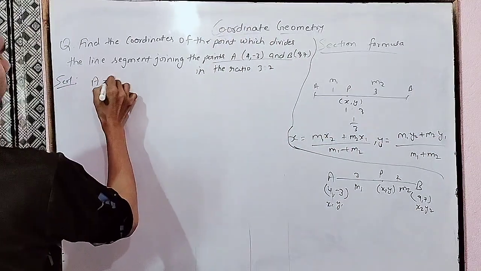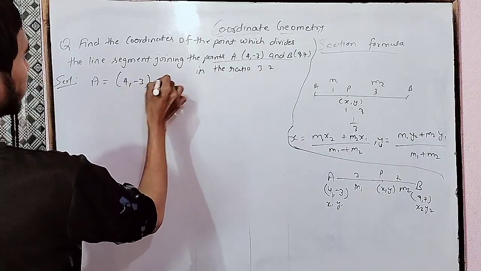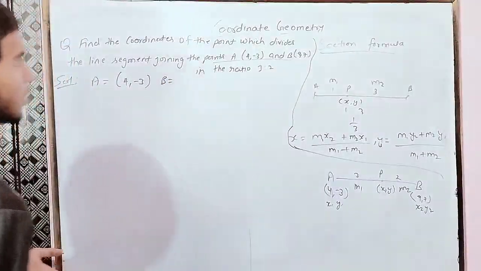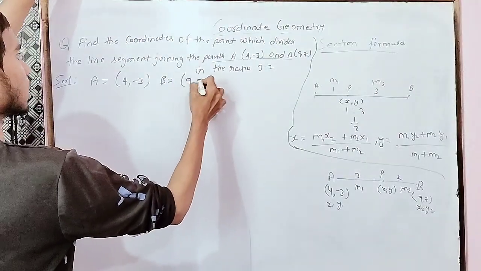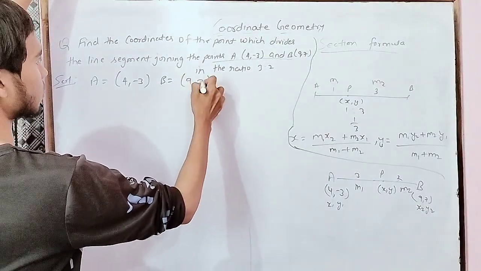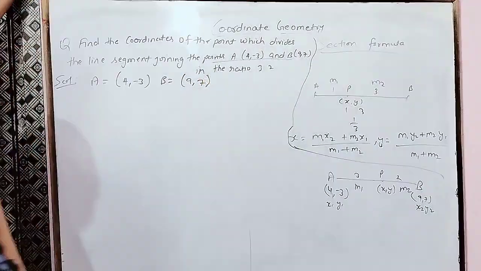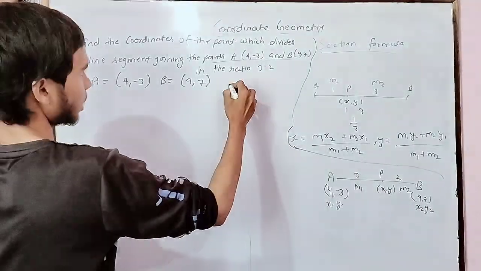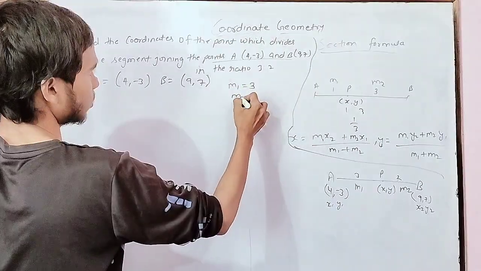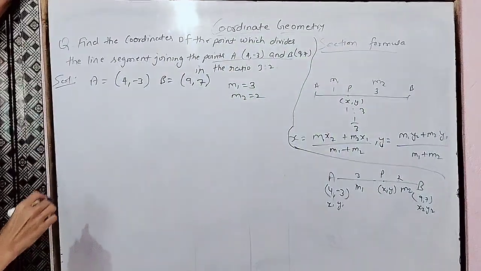Now A is 4 comma minus 3. Whatever is given to us, we will write: 9 comma minus 7. Now what else? The ratio you can see here: m1 is 3, m2 is 2.